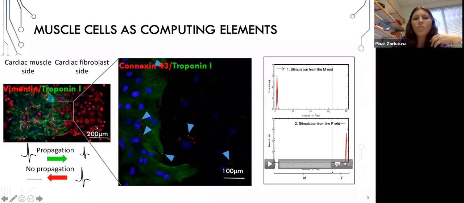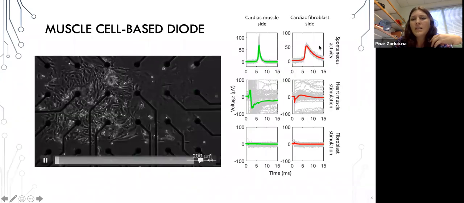But depending on where you measure, you can still have an output signal on the cardiac side, and the same degree of signal coming from the fibroblast side has no output on the cardiac muscle side, because fibroblasts cannot create the action potential in response to that stimulus.